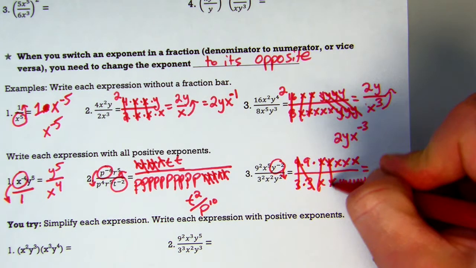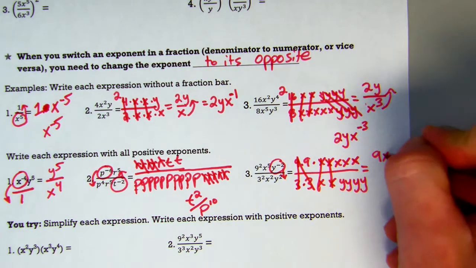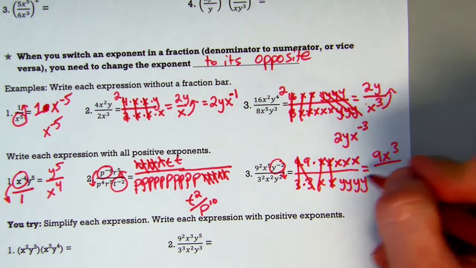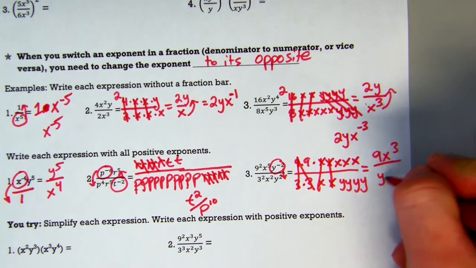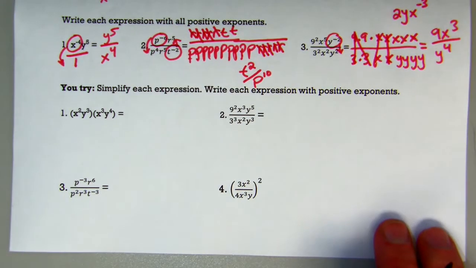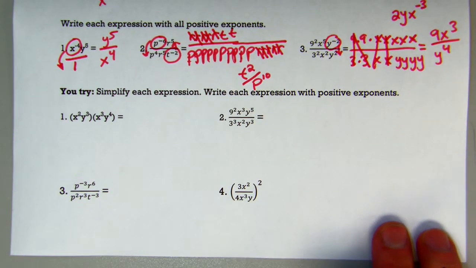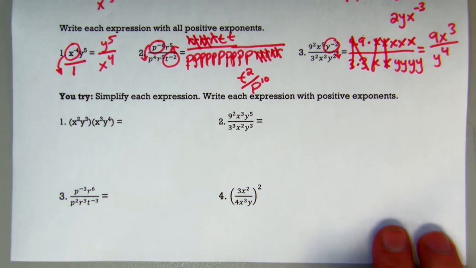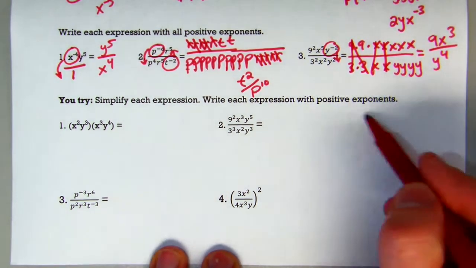So I have my 9 here. Notice I have 3 times 3. So I leave here with now 9 x to the third power. Okay.